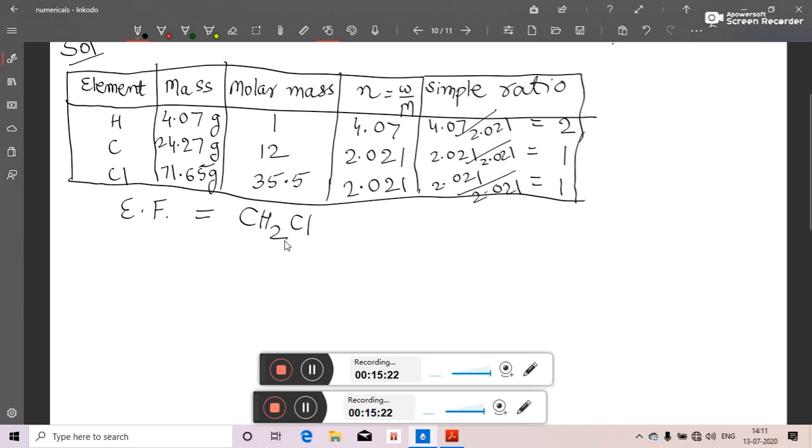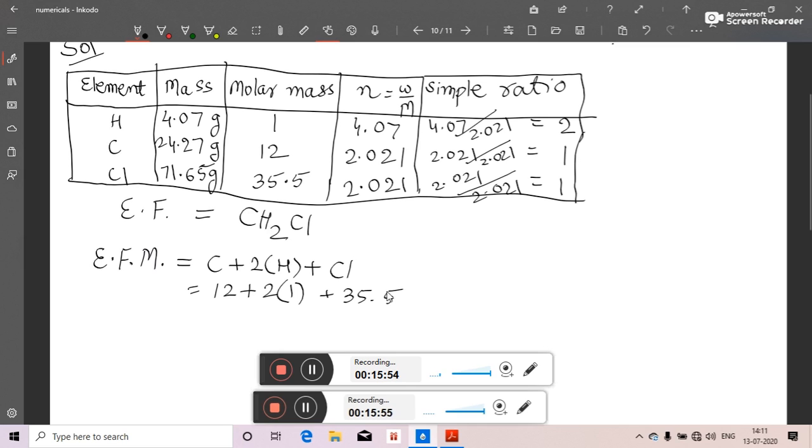Now from empirical formula, we have to find out empirical formula mass. So that is EFM. In case of empirical formula, there is 1 carbon plus 2 hydrogen plus 1 chlorine. So that is equal to 12 plus 2 times 1 plus 35.5.